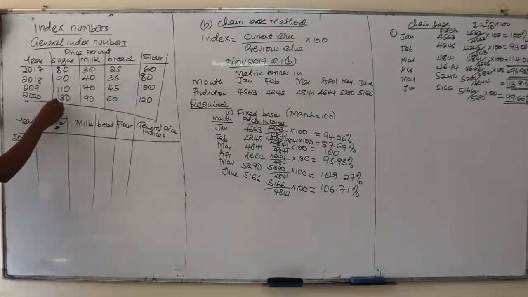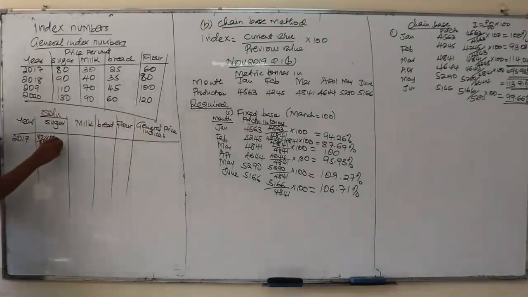So in this case, if I take 80 over 80, I multiply by 100, it will give you 100. We've said in this case, you have to compute the index number for each and every item.